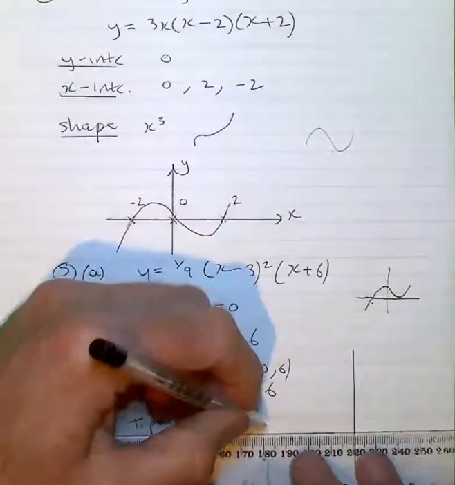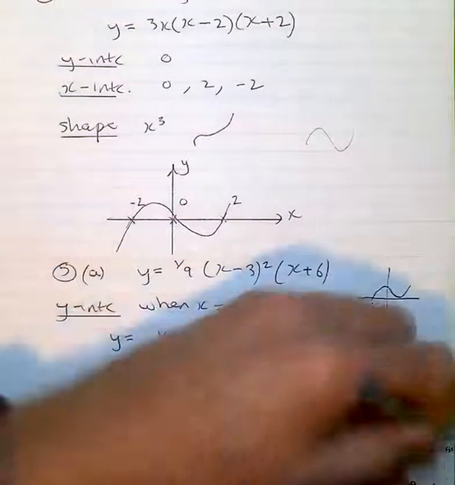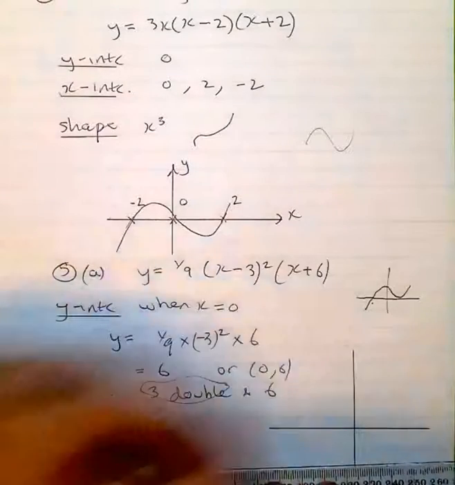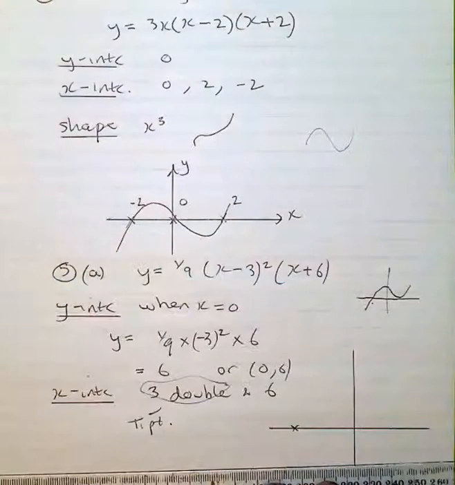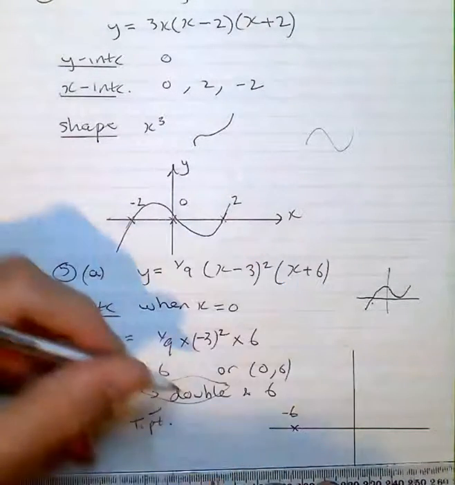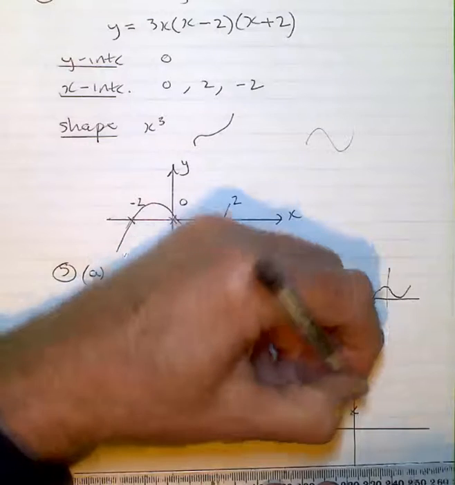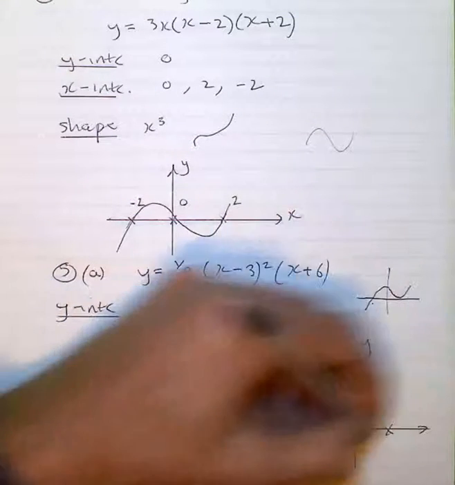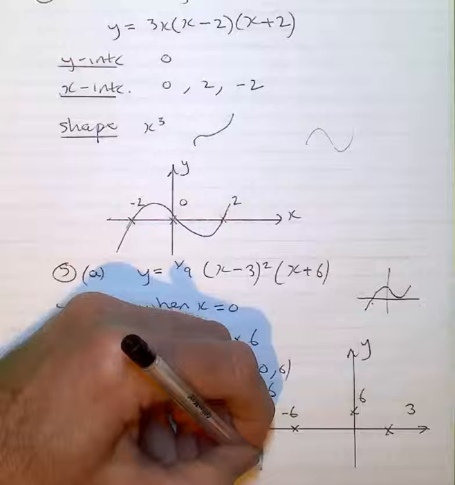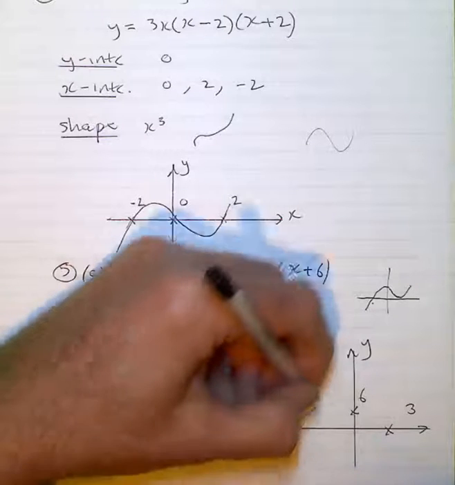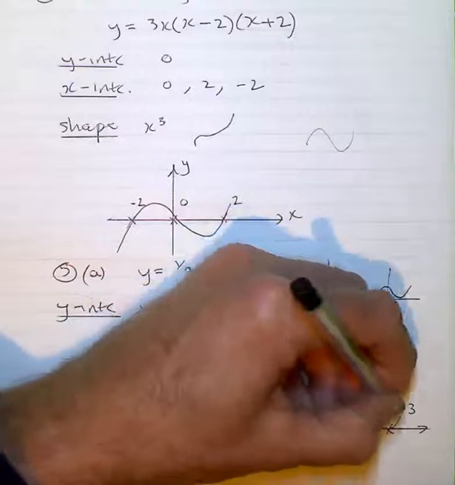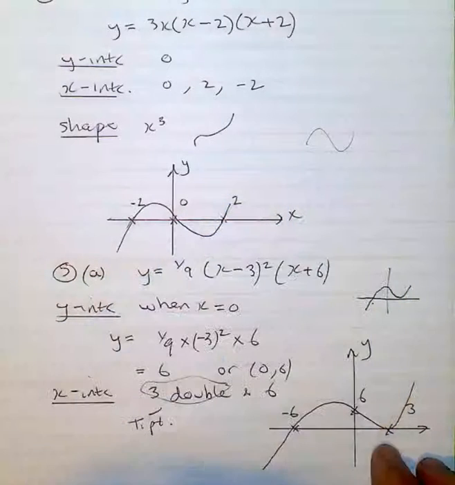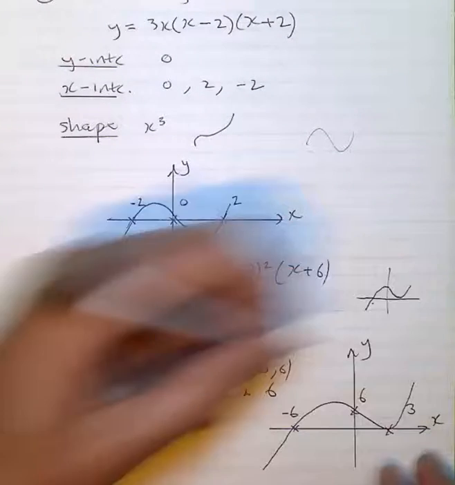Sketching up my graph. -6, 6, and 3. I'll have that double at 3. So there's also a turning point at 3, 0.